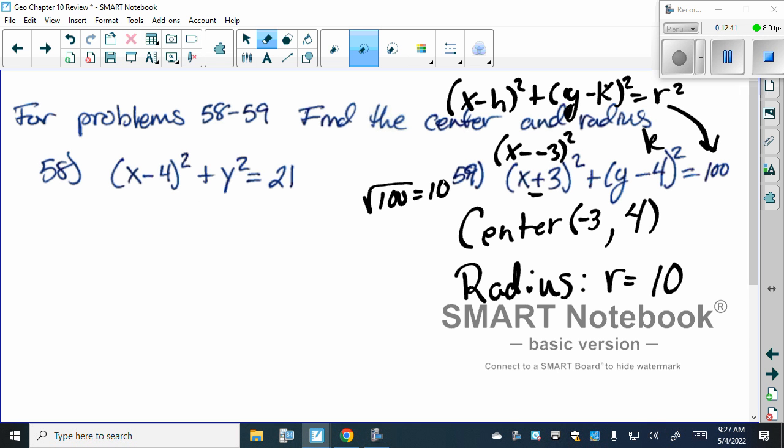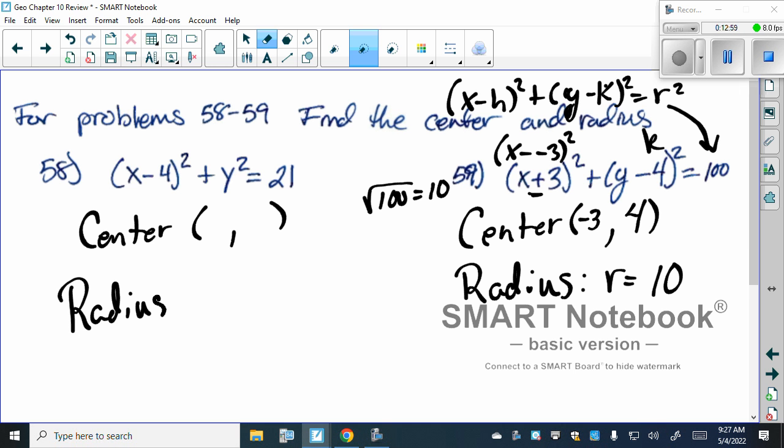Now, if this radius does not come out to be a nice number, we can leave it in the radical form or whatever form we have it. Yes. Are y'all finished writing 59?